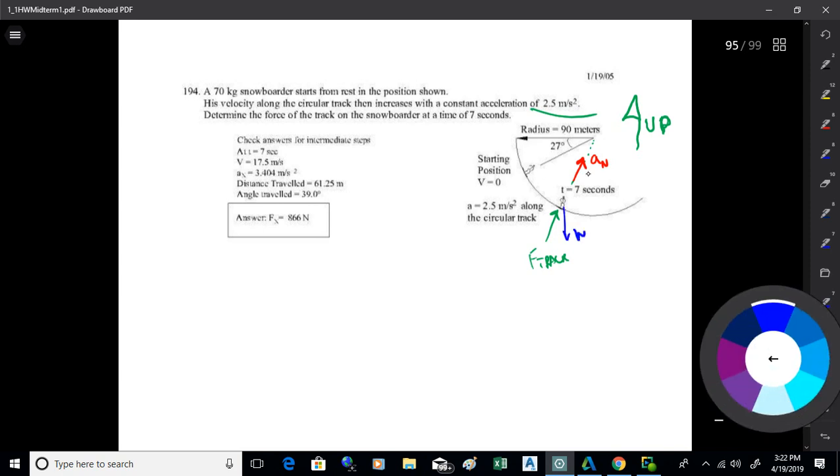Okay, there's the weight. So the angle that the snowboarder's at is going to influence how you run these numbers, because it's going to influence the component of the weight in the normal direction. So we need to know that angle. We also need to know the velocity.